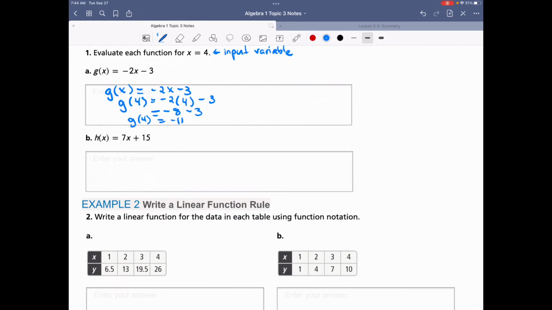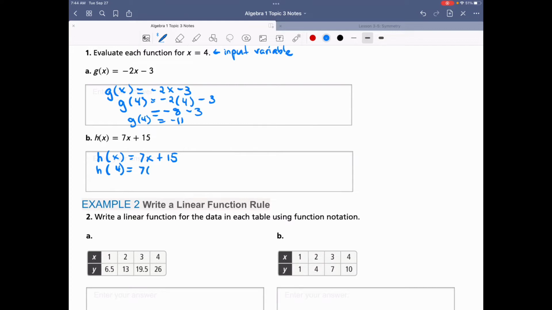So part B states that h of x equals 7x plus 15. Now we will input the number 4 for our variable x. First, copy the function down, h of x equals 7x plus 15, and put our number, which is h of 4.